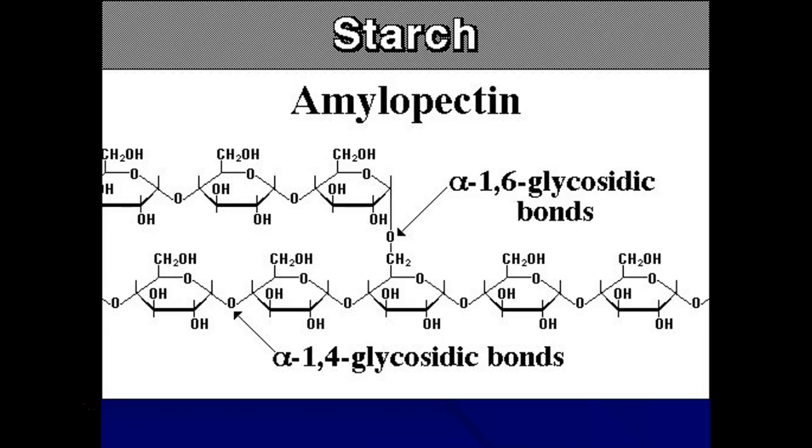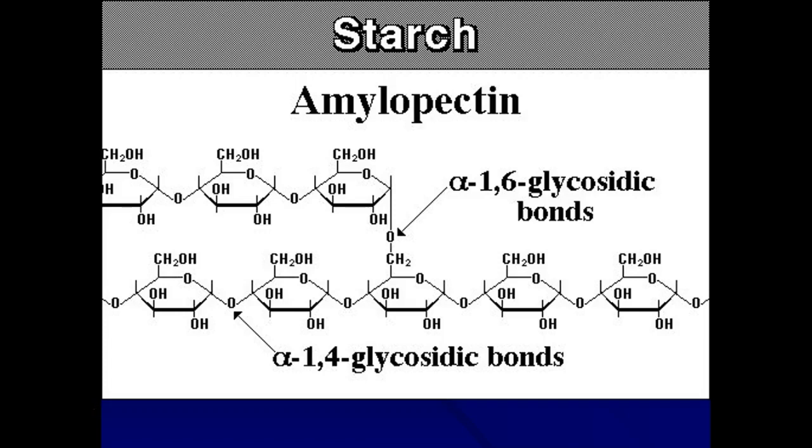Now, the cool thing about amylopectin is the branches will also have branches. So this isn't just a single branch that comes off. The branches will also have branches. Now, there's a benefit for a plant storing starch in this way. By branching it, it can actually increase the number of alpha glucose molecules per unit area.